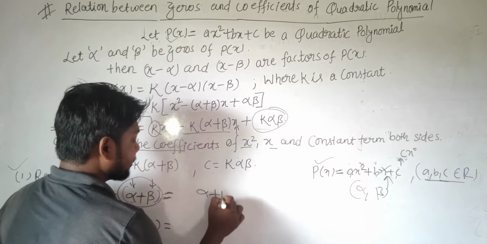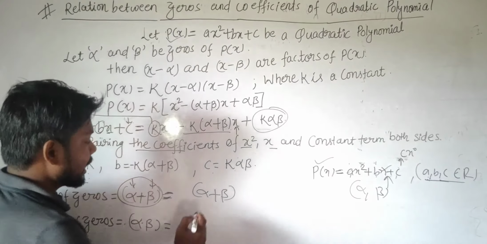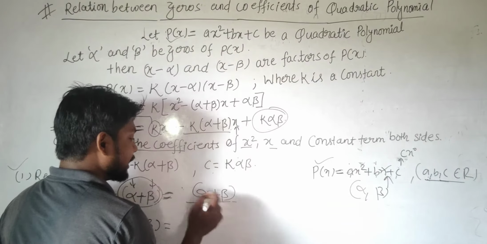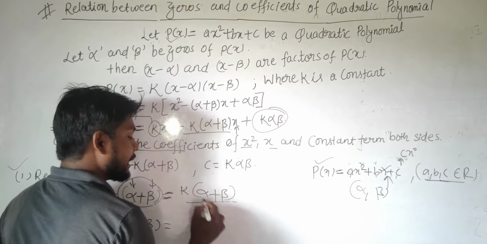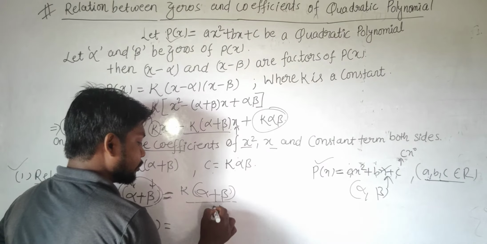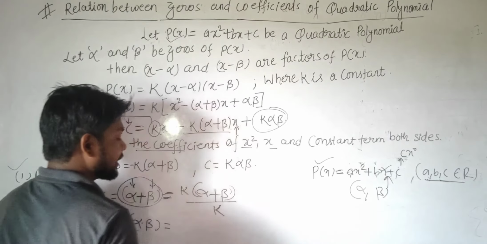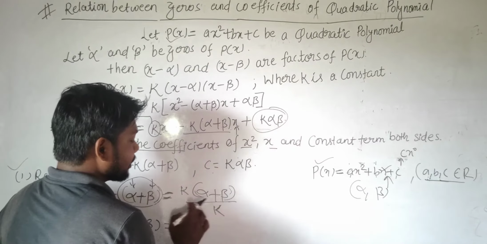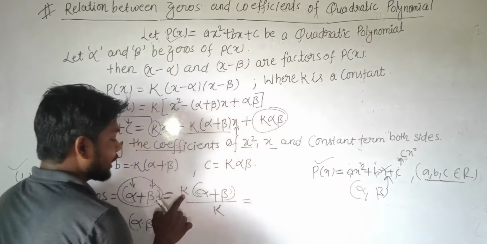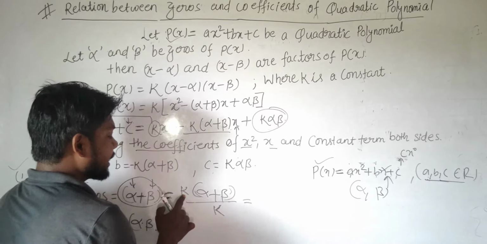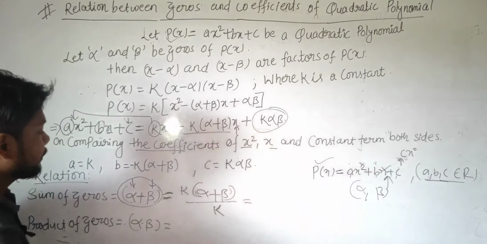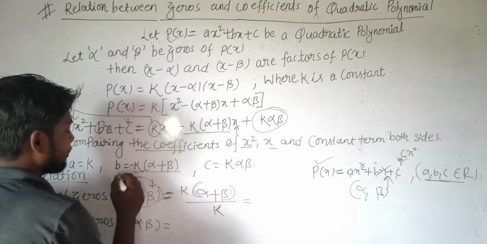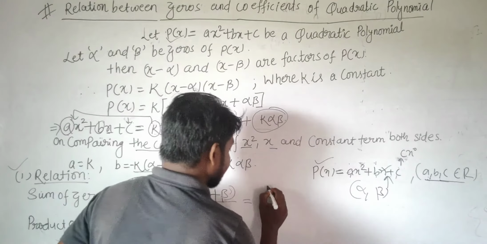Now this whole term can be written as follows: if we multiply this whole term by k, then we have to divide it by k also for balancing. So it becomes k times (alpha plus beta) divided by k. If you look here, this is k times (alpha plus beta), so this whole term must be equal to b.